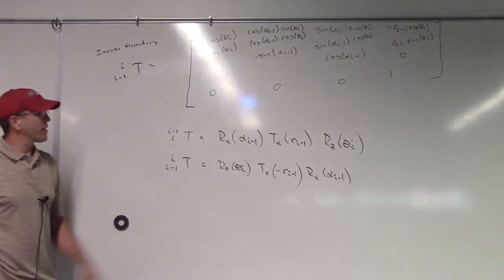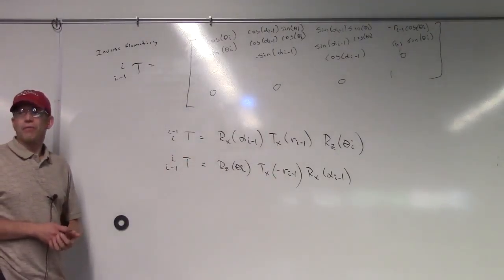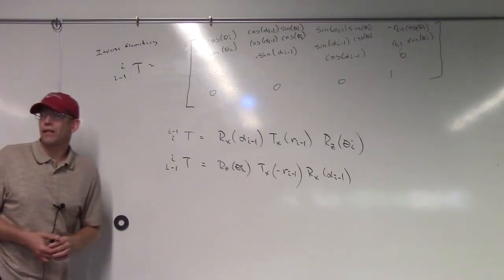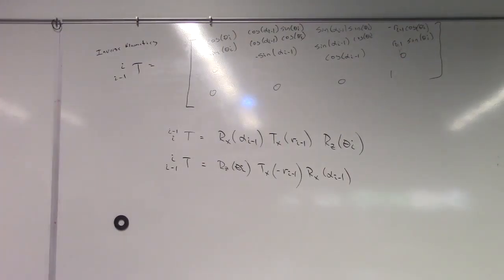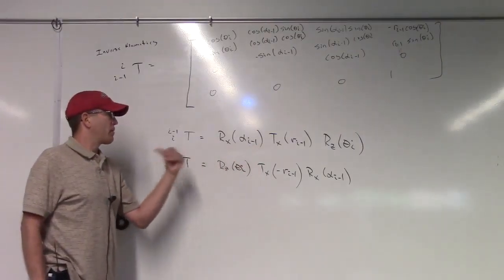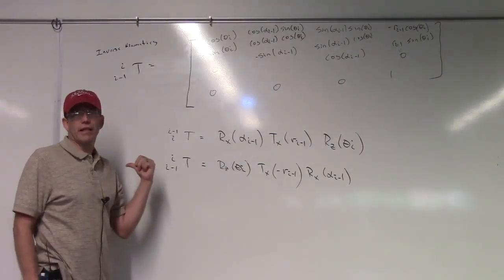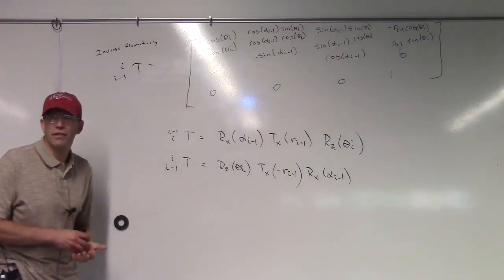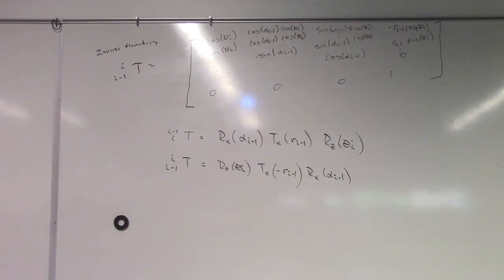Everything else is the same. We're just performing these operations in the opposite order. That's kind of important to us because if we are going forward, we can follow a chain of events in the forward direction. If we're going backwards, we can just follow the events in the opposite direction and achieve the opposite effect. That makes sense?